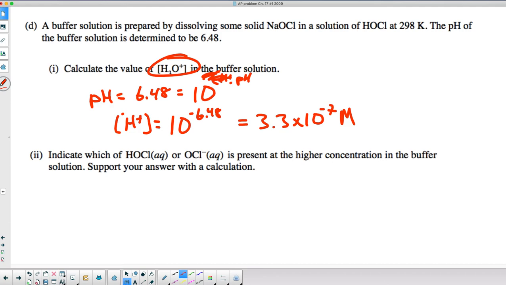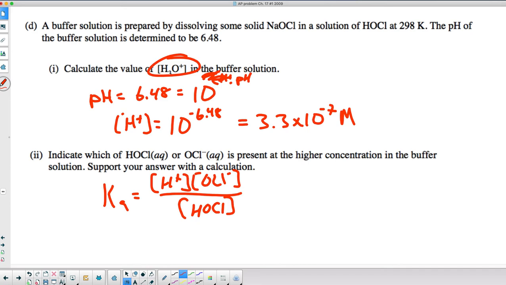Well, let's take a look. Ka is the H plus times OCl minus, all over HOCl. We all know that this equals 2.9 times 10 to the negative 8th, and that's the Ka.